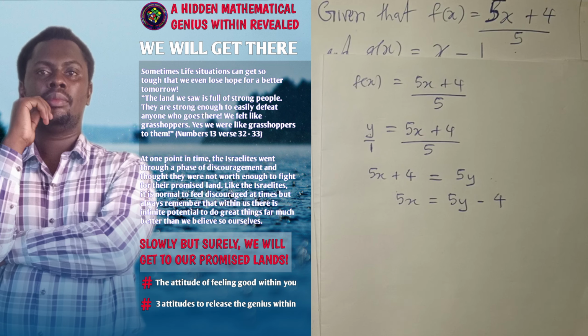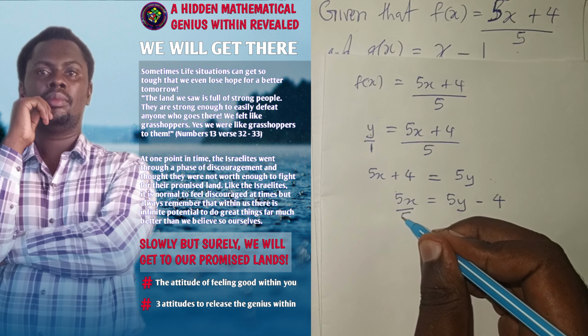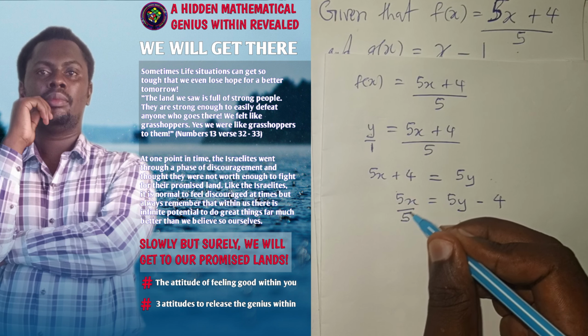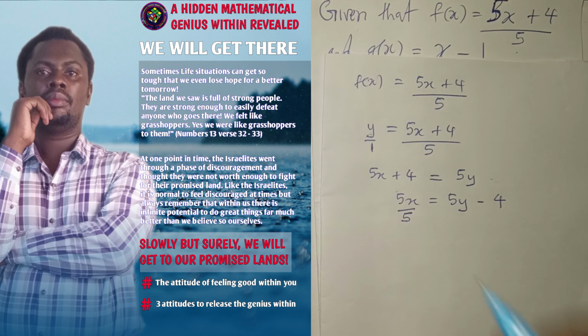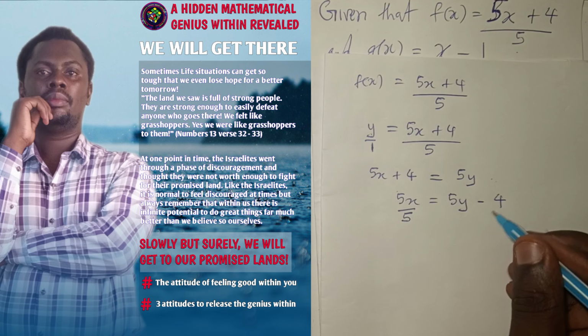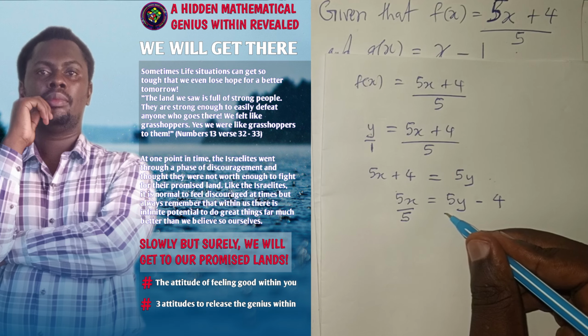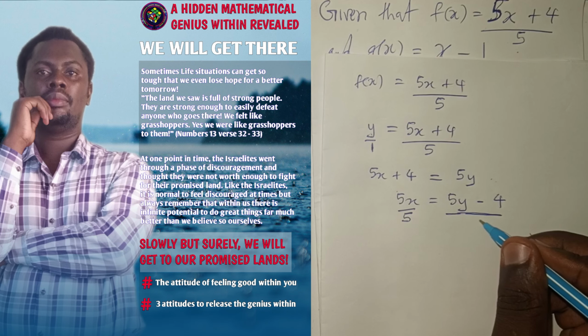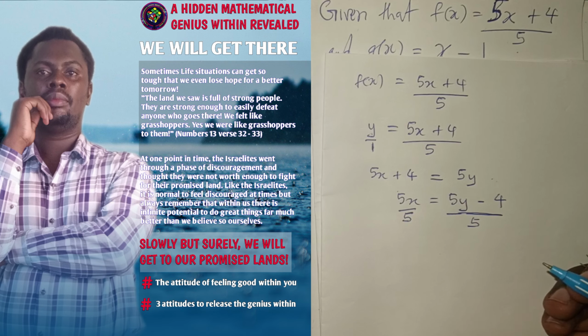We are not making 5x the subject, but x. So here there is 5x and we want to remain with just x. What do we do? Yes, we divide by 5. What you do to this side of the equation, you should do to the other side as well. So this side you say over 5.